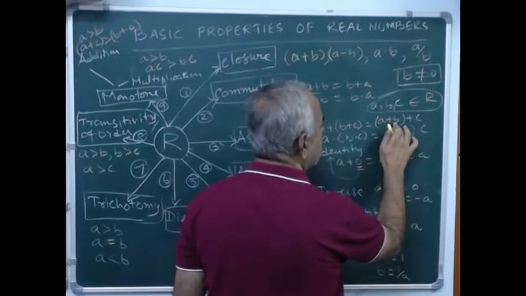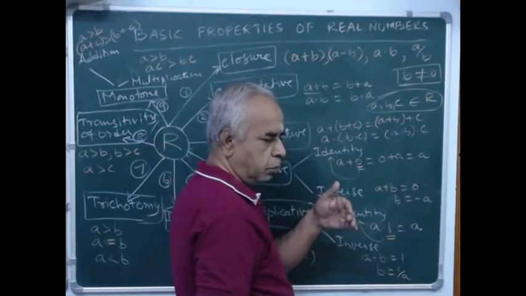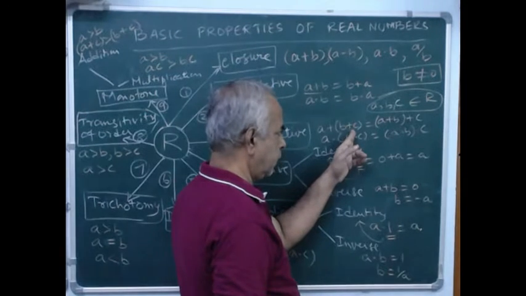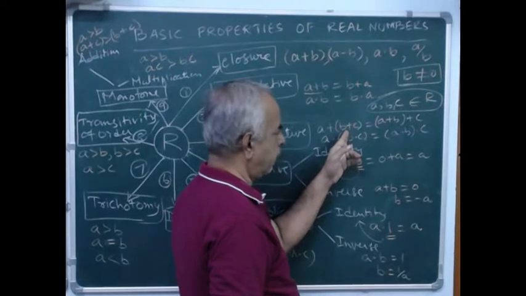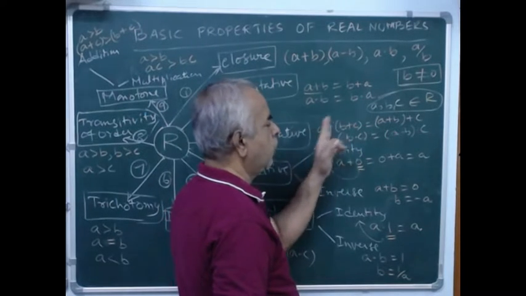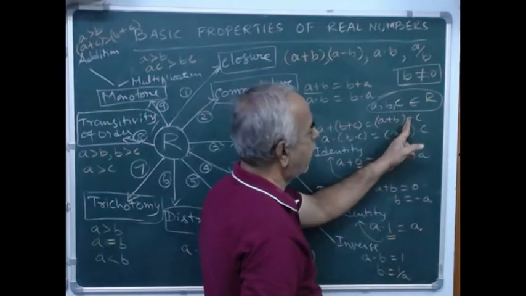So A plus B of B plus C. What do you mean by that? According to the BODMAS concept, you have to solve the operation within the bracket first. So you solve B plus C and then you add it to A. Similarly, here A plus B can be solved and then you can add to C.